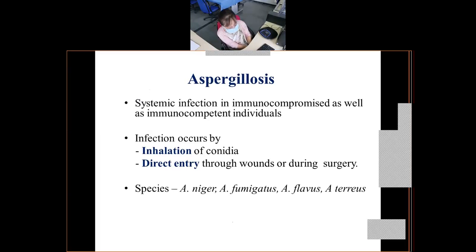Sometimes the infection can enter inside the body through direct entry, especially if unsterile equipment or instruments are used during surgery. These spores can be present in the environment. So if the instrument you're using or the area where you're doing the surgery is not sterile, then that is how the spores can enter inside the body.